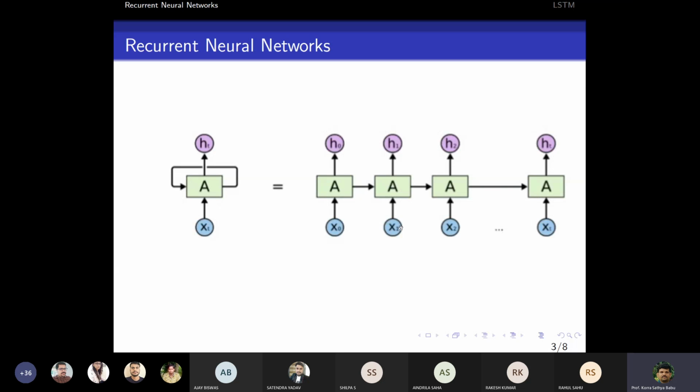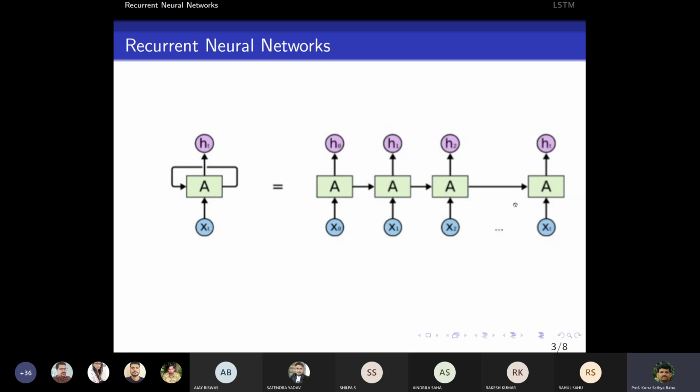The x1 input along with the input of x0 is taken, and then combined, some output is given here. What about the input at x2? It considers x1 also, and then it gives the output, right?